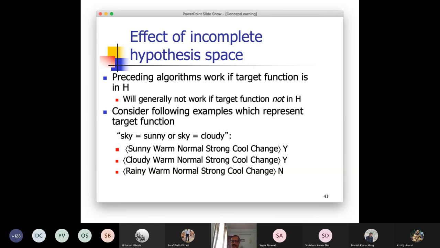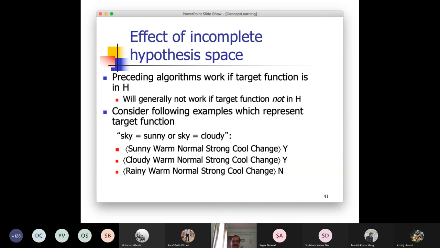So when you are applying this candidate elimination algorithm, you can see that if we use the first two training examples, then you will get question mark, warm, normal, strong, cool, change. That is the hypothesis. And once you get the negation, the version space becomes empty, because in your generalization cases you cannot put rainy there.